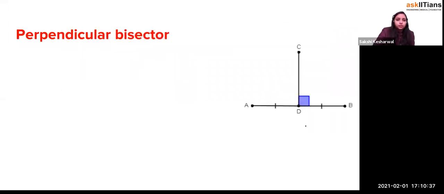Okay. Coming to what we mean by perpendicular bisectors. Perpendicular bisector means what? You take the line. Right now, you see that you have taken a line segment. Perpendicular bisectors are made on line segments, not on lines, right?